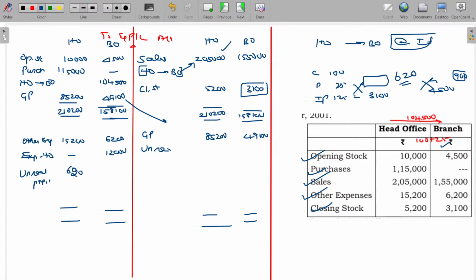Unrealized profit on opening stock. This is closing stock. Now finish off tallying this to get the net profit. So 70,280, 30,900.